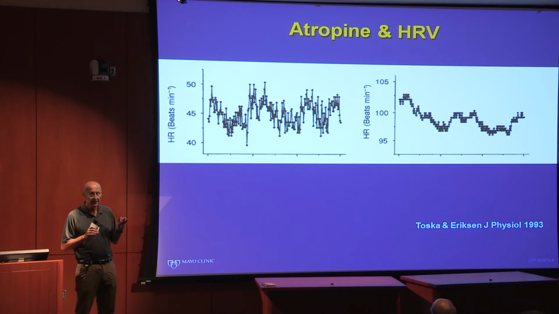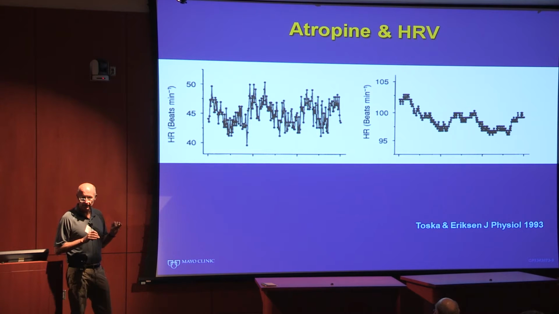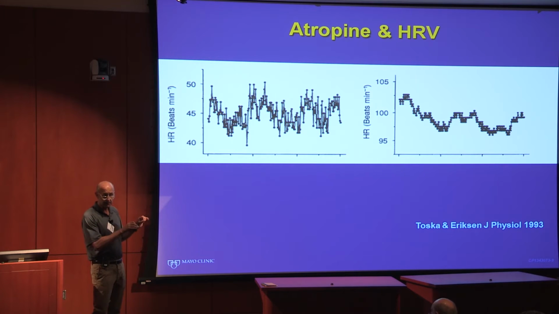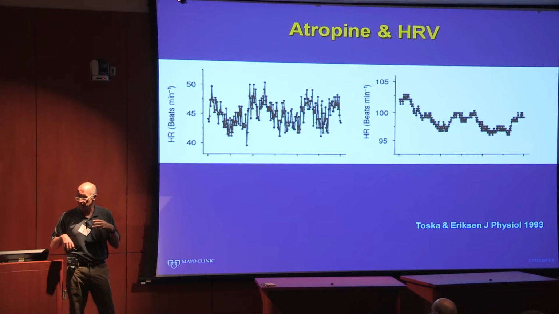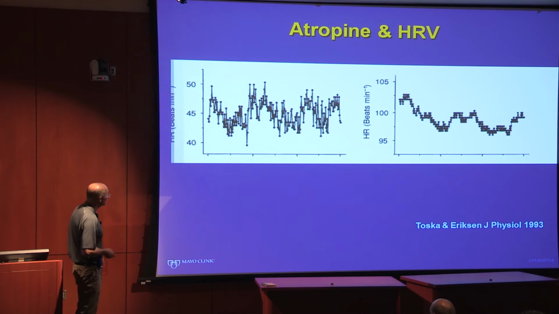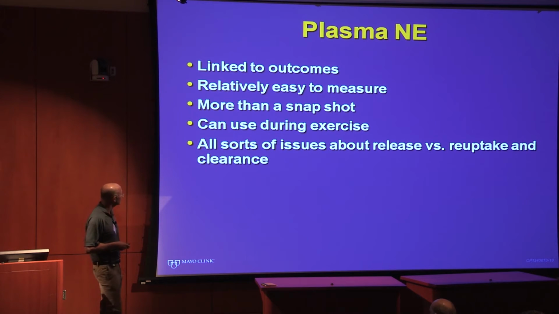Anytime anybody tells me that they can make measurements of sympathetic activity in the heart based on heart rate variability, I either run for the door or start asking antagonistic questions. If they tell me they can make measurements based on heart rate that have something to do with the sympathetic outflow to the rest of the body, then I get angry and I have a sympathetic response. So, as people have seen over the last 24 hours, that's not hard to generate.